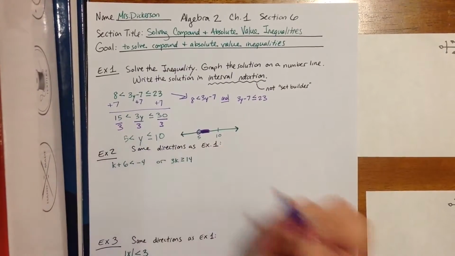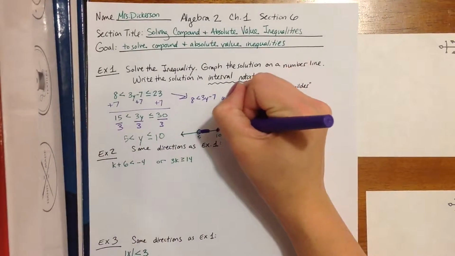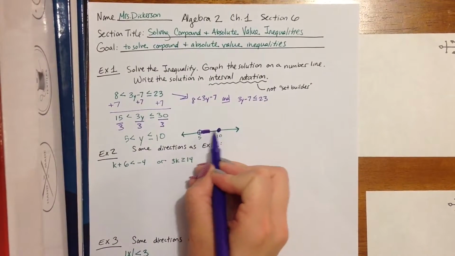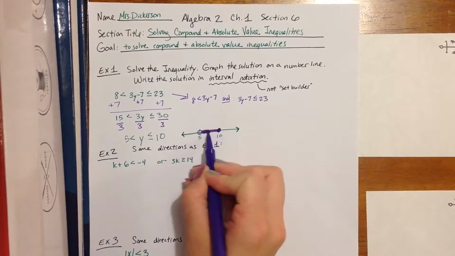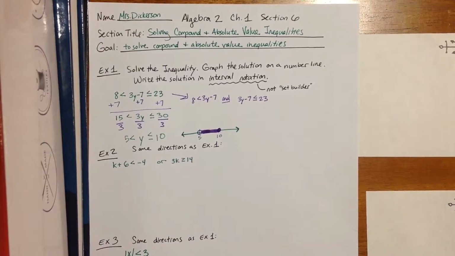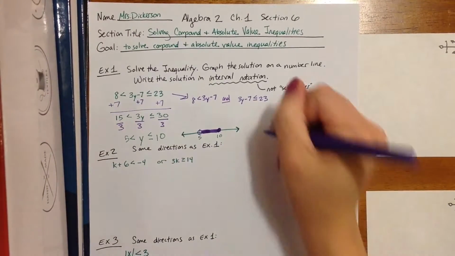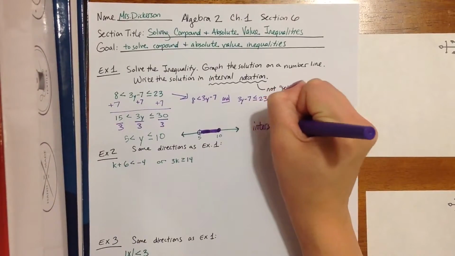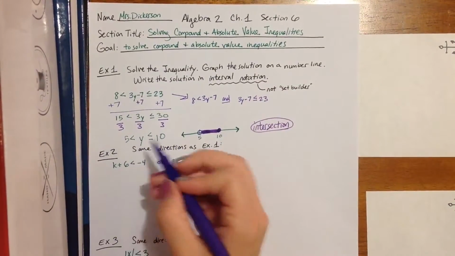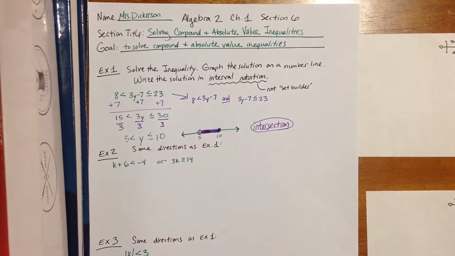But y is also less than or equal to 10. So at 10, filling that in, less than or equal to 10, I'm going this way. Where do the pieces meet? In the middle. You see this little barbell looking thing. This is what we call an intersection. The place where the two branches meet. They meet in the middle.